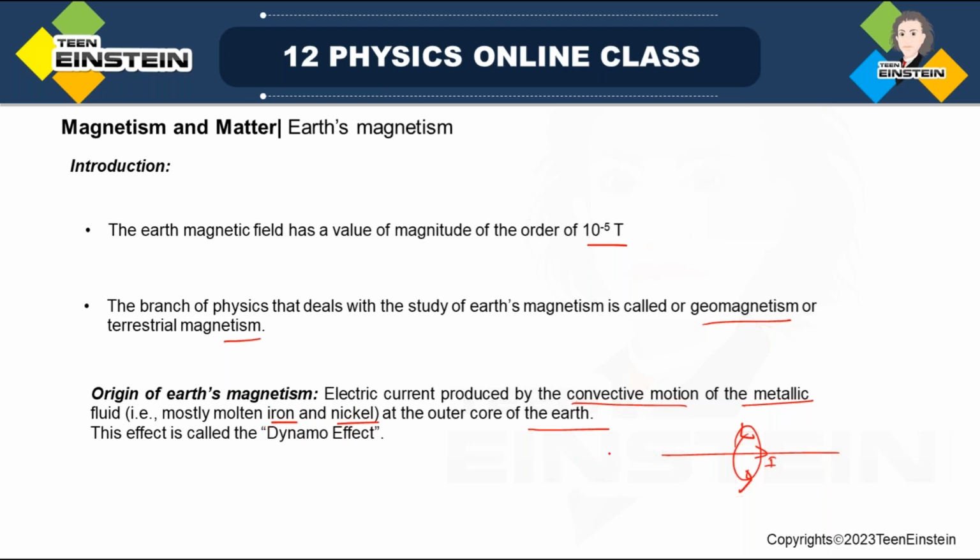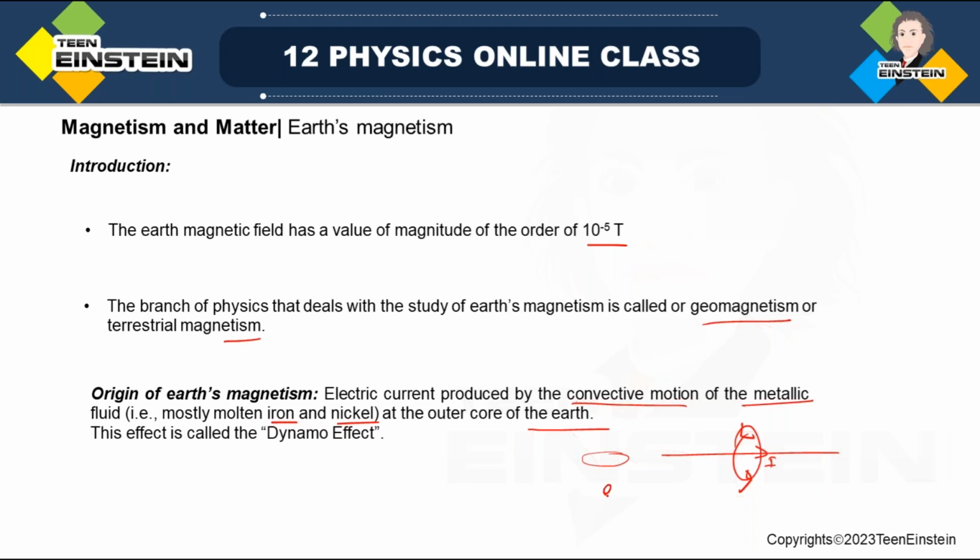And as you know, because of Earth's motion, there is a convective motion of this molten iron and nickel. Iron has free electrons to provide magnetism. Nickel also has free electrons to provide magnetism.